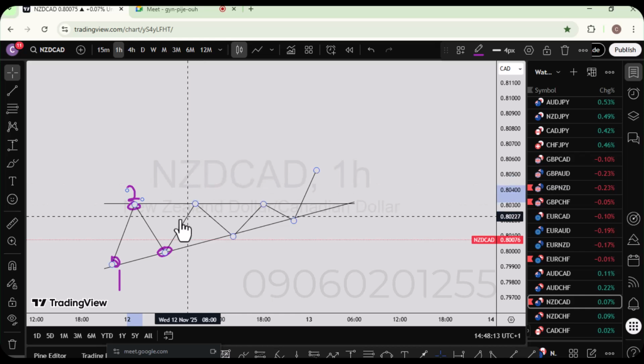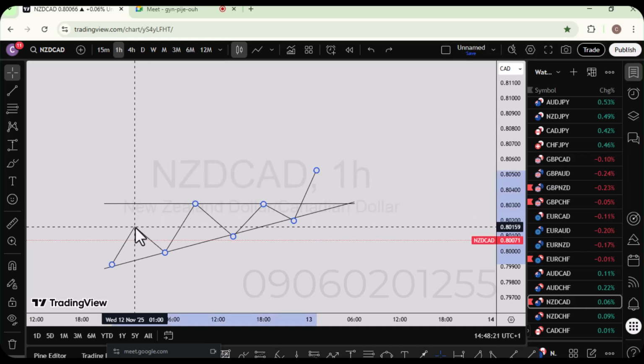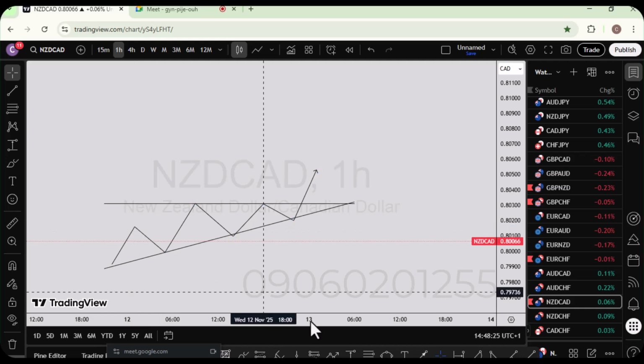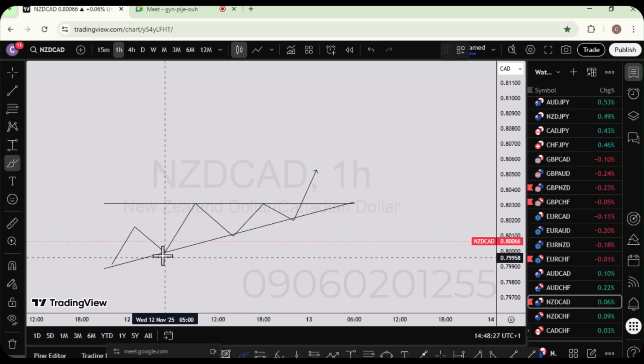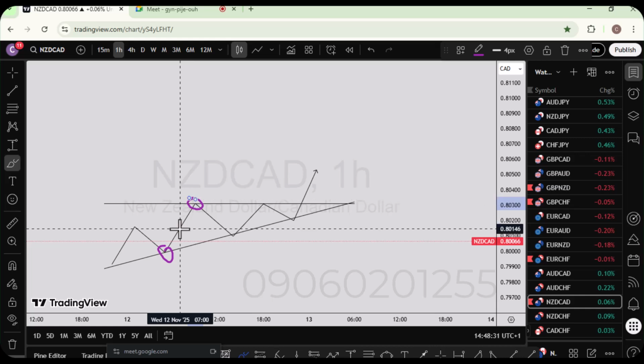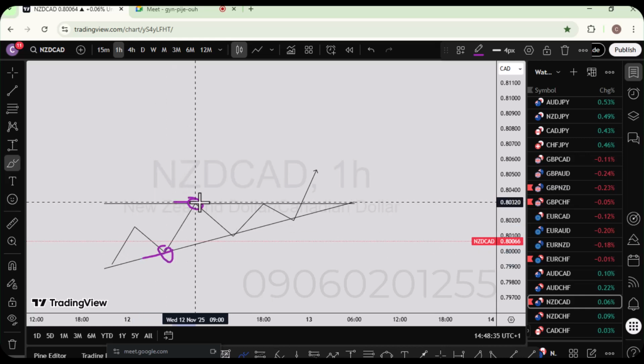Now, in a situation whereby you cannot have leg 2, let's say for instance market didn't test this high, instead it stopped right here, and this is the only one you have, so you will never take this one. You take this one as your 1 and then this as your 2. You must see price testing the trend line and the horizontal line.